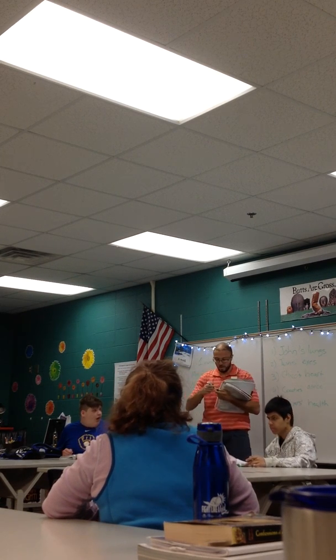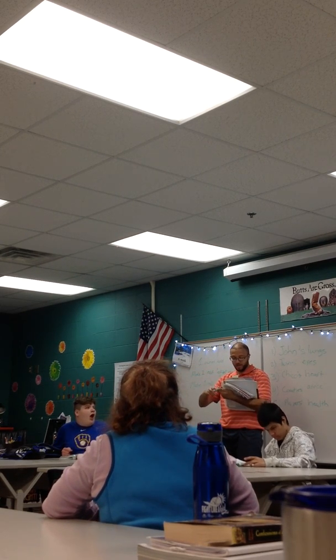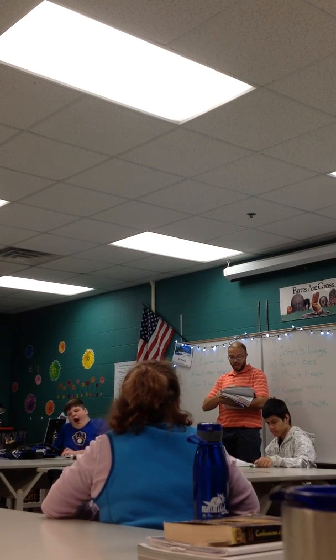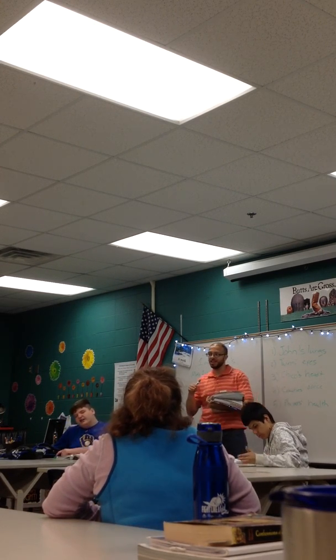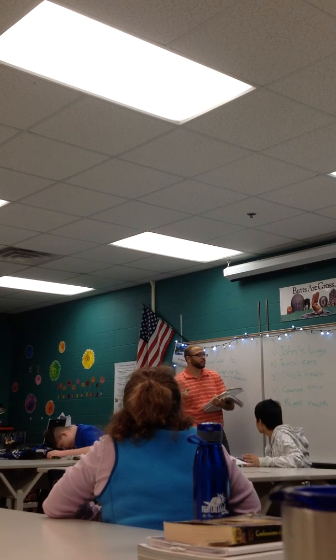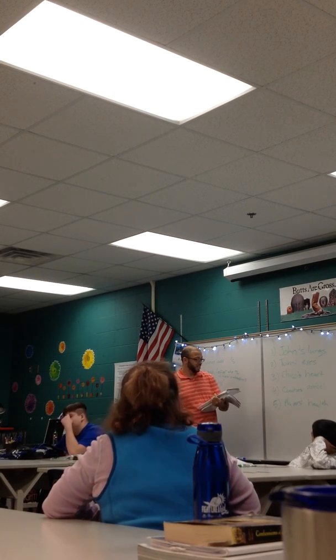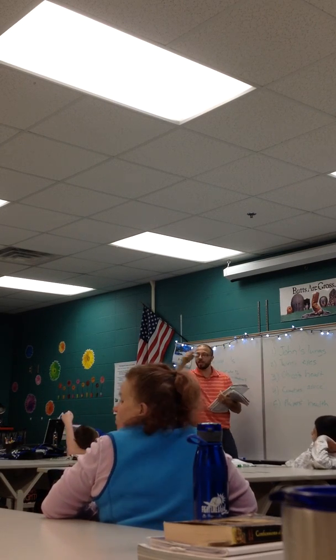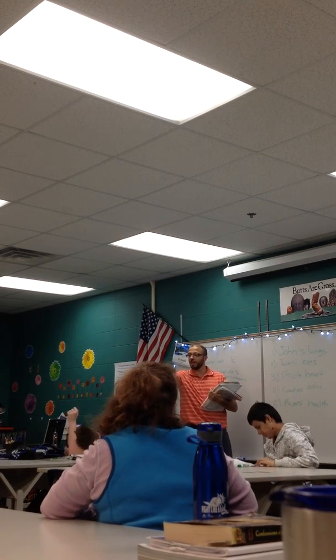Good. Okay, so now here's the activity that we're going to do for the next five, 6 through 10, okay? We're going to be doing the same thing, except what you guys are going to do is basically what we did right here on the board. You're going to do it on your whiteboard, okay?